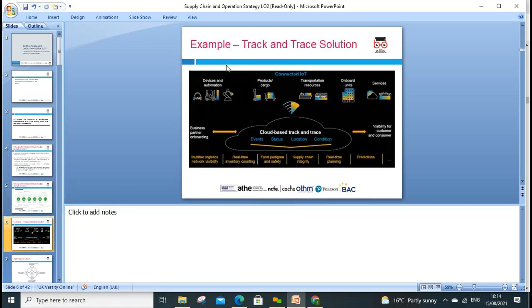Okay, so next we're looking at the example of track and trace. Now the parcel is issued from the warehouse, we can see on our apps what happened, where it happened, why this happened.